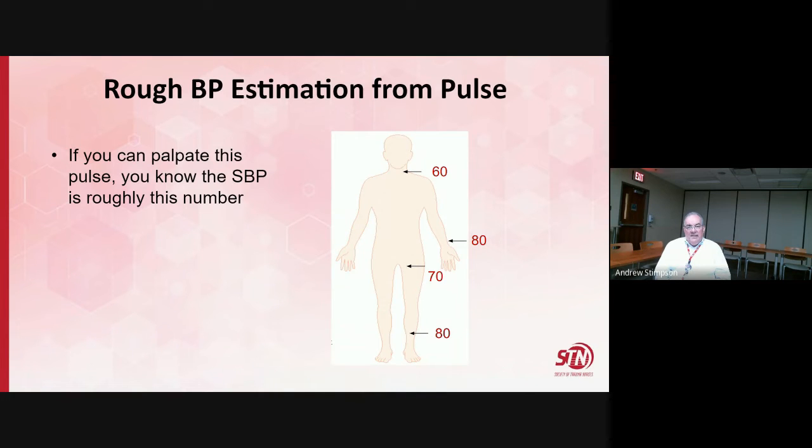And if you feel the dorsalis pedis or posterior tibial, usually it's about 80. So let's say you're out somewhere, someone's in an accident, and you don't have your blood pressure cuff or your medic bag with you in the car. That's just a quick estimate of blood pressure based on pulse.